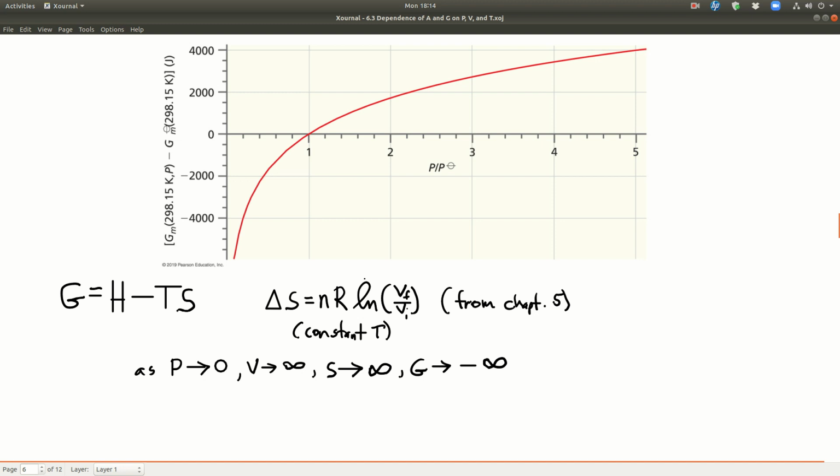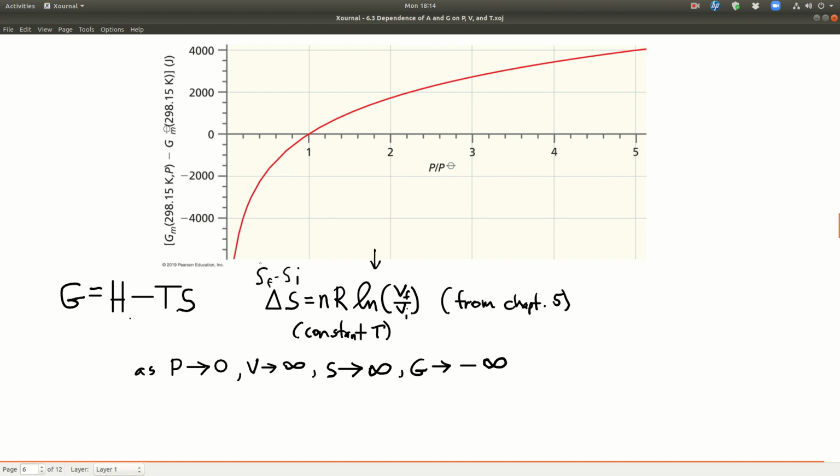And from the equation we derived in Chapter 5, delta S is nR ln of V final over V initial, where delta S is S final minus S initial. So as the volume goes to infinity, delta S goes to infinity, which means the entropy goes to infinity.